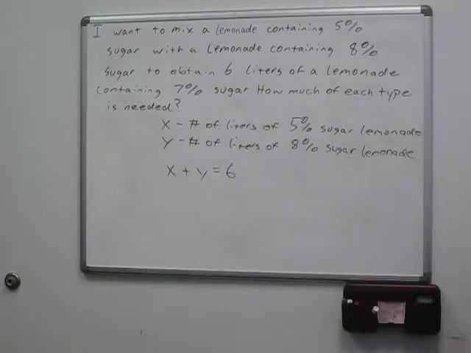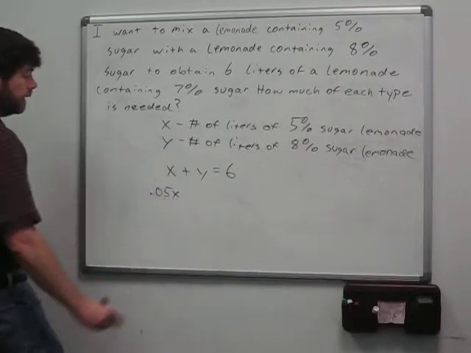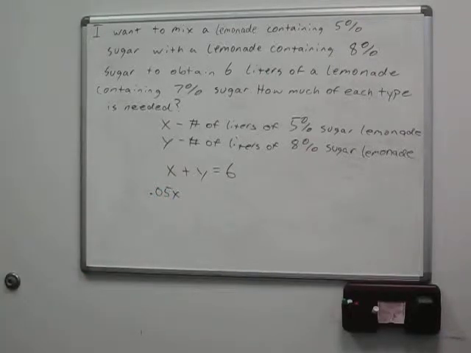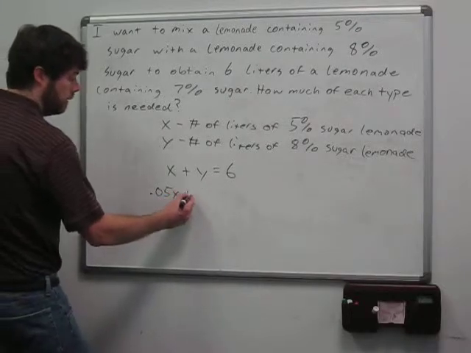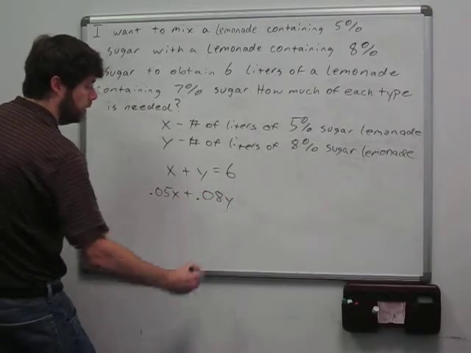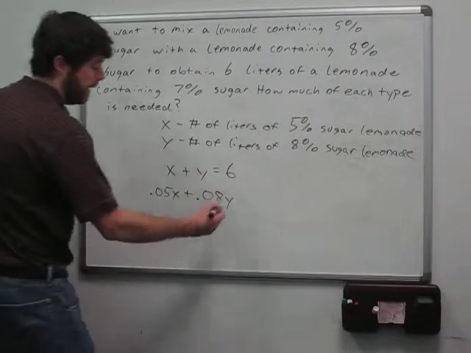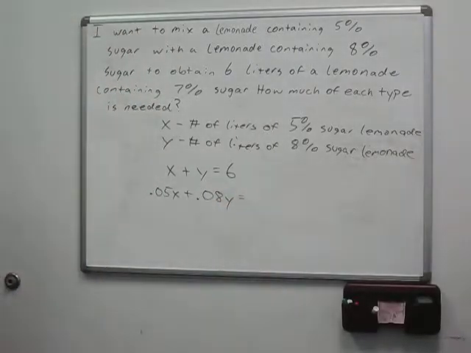Okay. And we also want a final batch of lemonade that's 7% sugar. So the amount of sugar in that final batch from the 5% sugar lemonade plus the amount of sugar from the 8% sugar lemonade has to equal the total amount of sugar in that final batch.